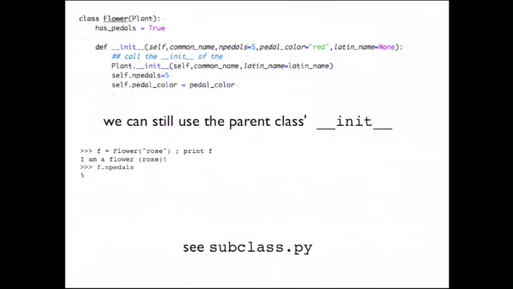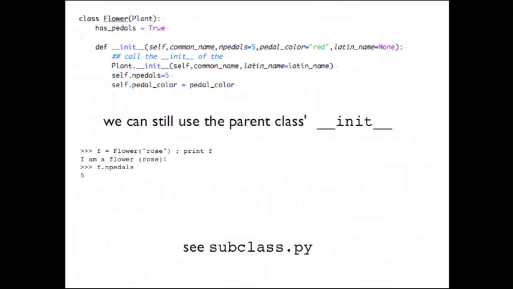So if you're initializing, how do the two init functions interact? Like you init those variables first, and then you init the plant variables. Now you have all of those variables together. Do they add together? Yeah, so the question is, what's the interaction between the two inits of Plant and Flower?